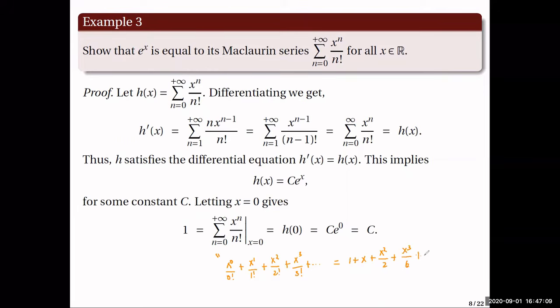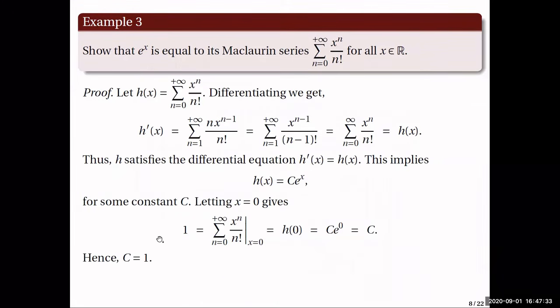Okay, so if we take this x to be equal to 0, the terms here are all 0 and we are left with the first term 1. That's why this summation at x equals 0 is equal to 1. So here we have solved for the value of c, where c is equal to 1.